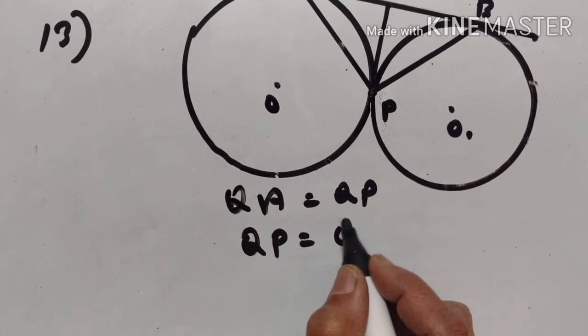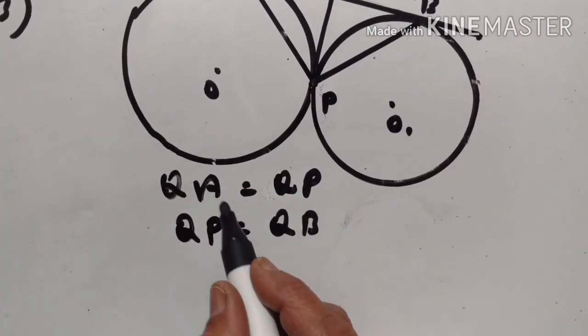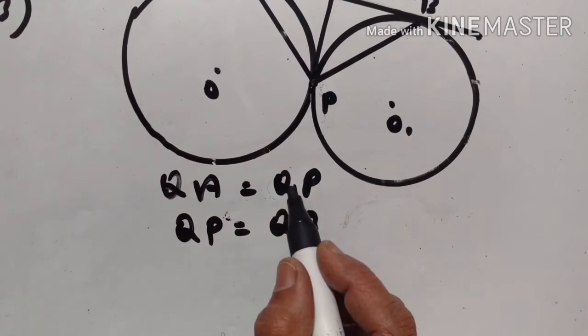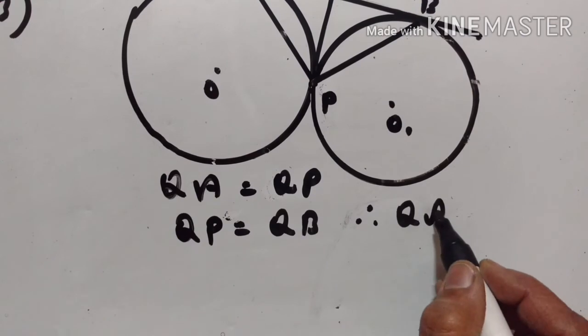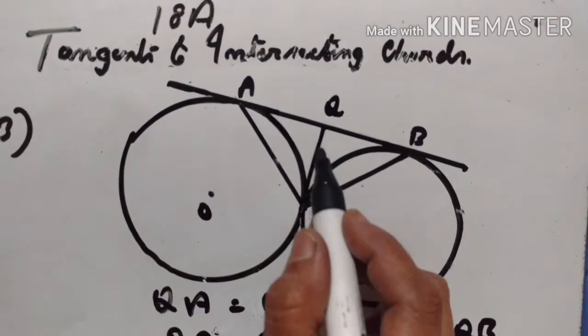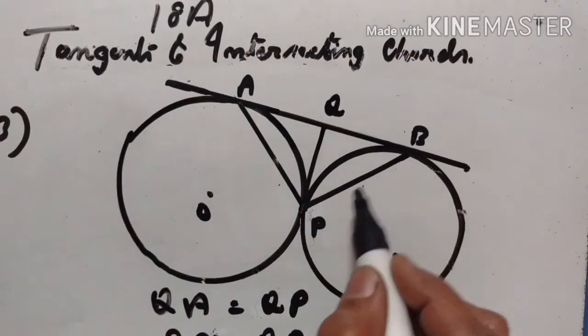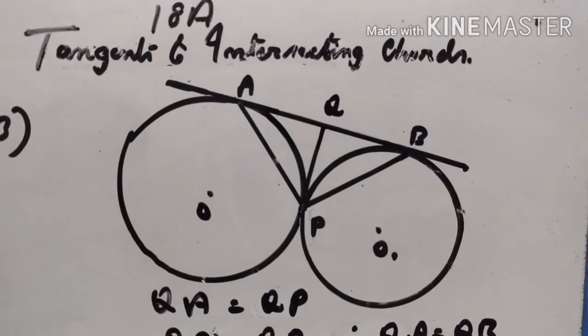Now, things which are equal to the same thing are equal to one another. Therefore, QA is equal to QB. QA is equal to QB means the tangent QP bisects AB.